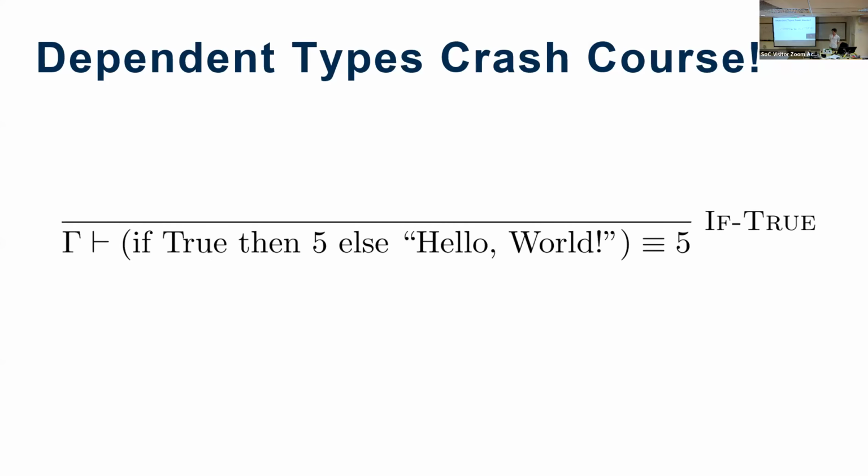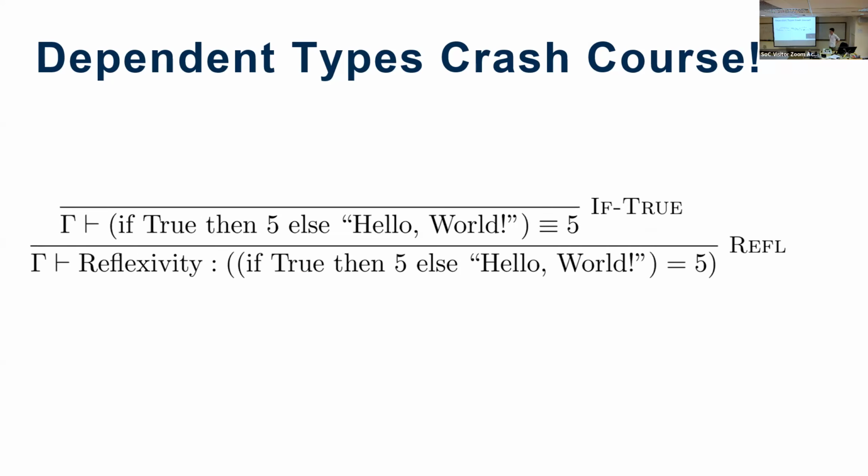We can specialize this rule to a little snippet of our program, and we can then judge that that expression that appears in our program is equal to 5. Then we can stack them on top of each other, just like that, and we get a proof that the if expression in our program is equal to 5.